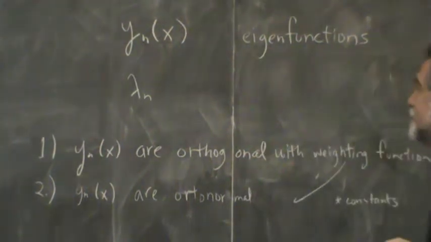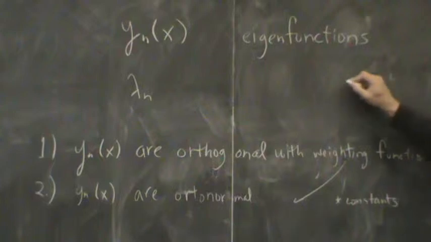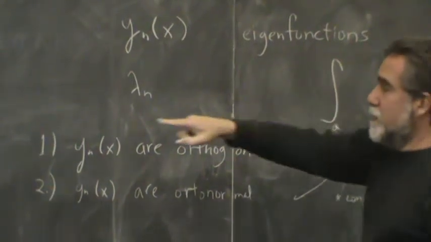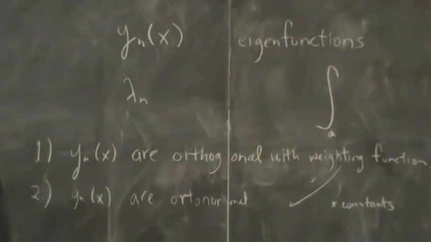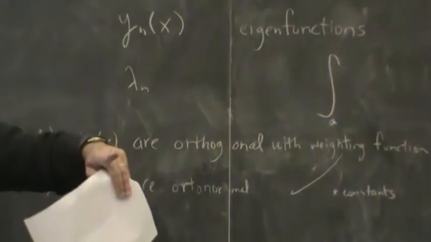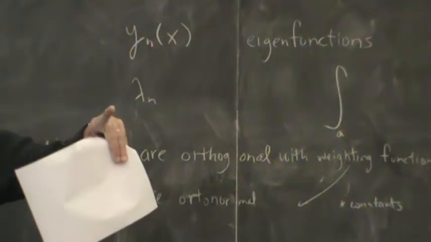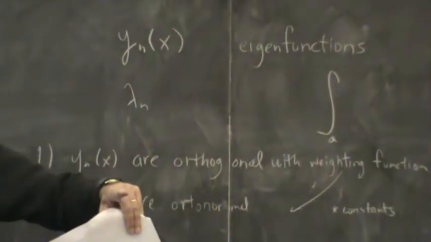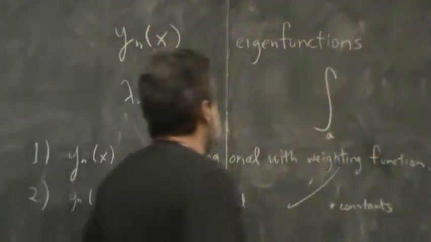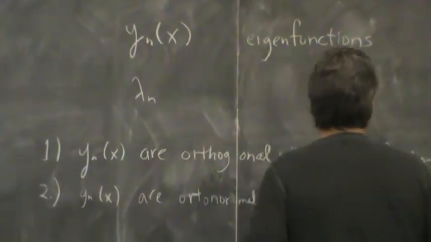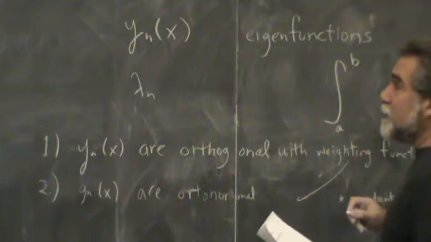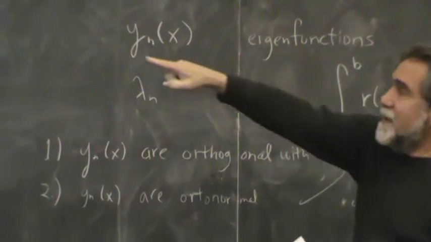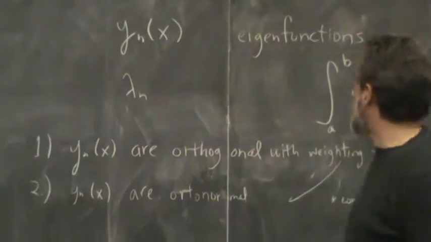What do I mean by that? I mean that the integral over the interval from a to b, because I've defined these boundaries, a and b, and I only know the solution between a and b in this case. All right? The integral from a to b of the appropriate weighting function, which is r of x, that r of x over there, okay?